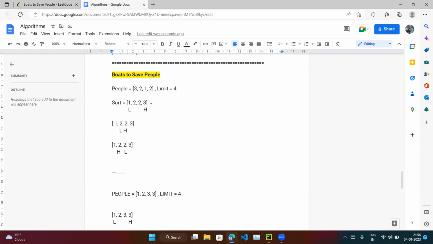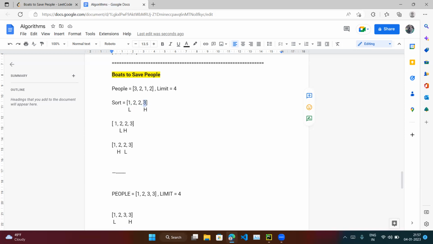We know a maximum of 2 persons we have to add. So we will add the first person and the last person, and check if the combined weight of both is less than or equal to the limit. Then we will increase the number of boats, increase the left pointer and decrease the right pointer.